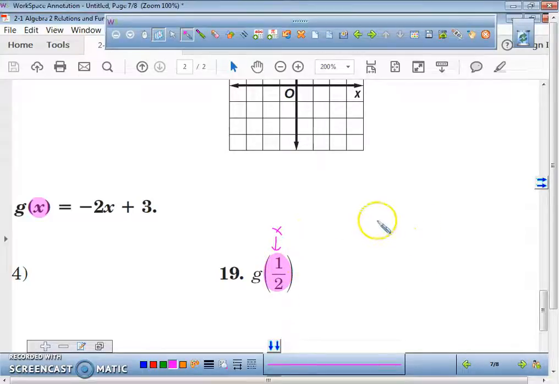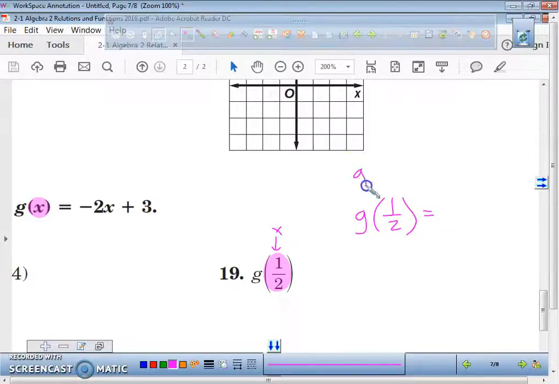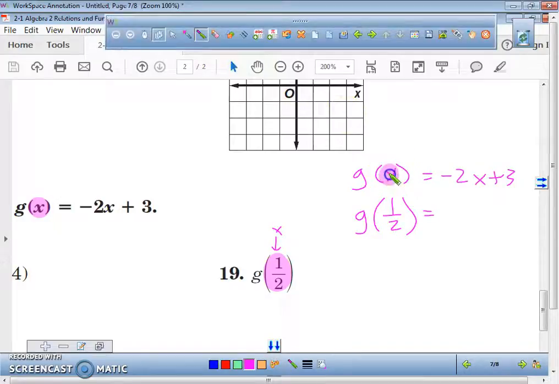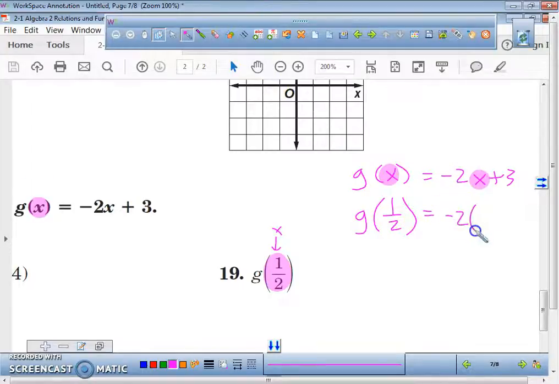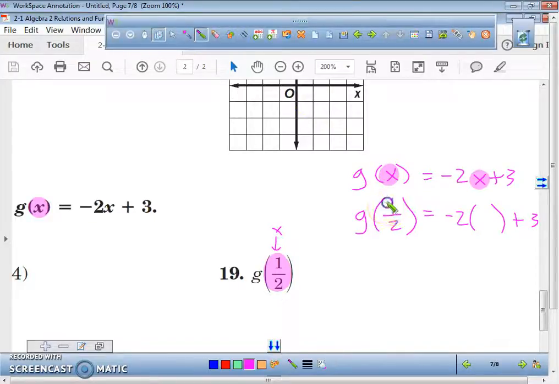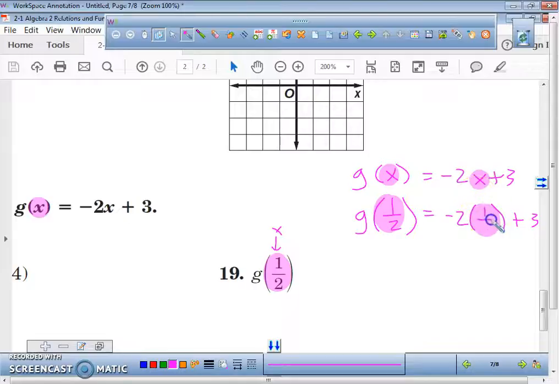Aha. So here's how I would do it. Ready? If I say, what is g of a half equal to? Well, if g of x is equal to negative 2x plus 3, then g of a half is equal to negative 2, open parentheses, something, plus 3. So we're going to take this 1/2 and plug it in just like that.